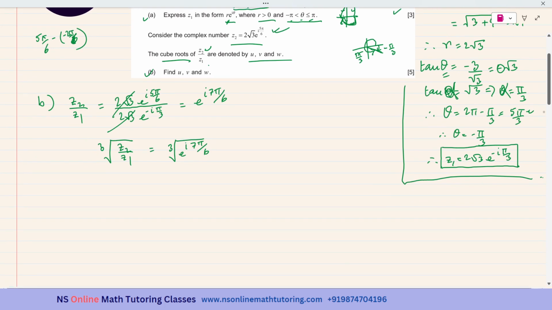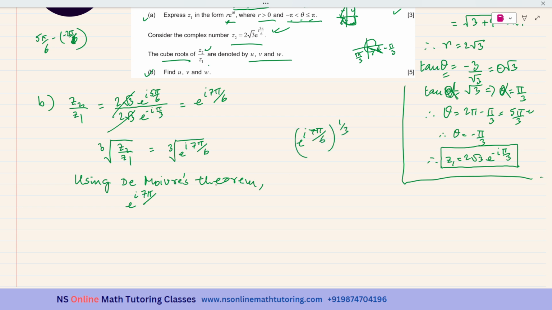And using de Moivre's theorem, it will be e to the power of i 7 pi over 18 because it will be 1/3. Cube root means raised to the power of 1/3. e to the power of i 7 pi over 6 raised to the power of 1 over 3. Okay. So this is i 7 pi over 18. Okay. And this is the first root.